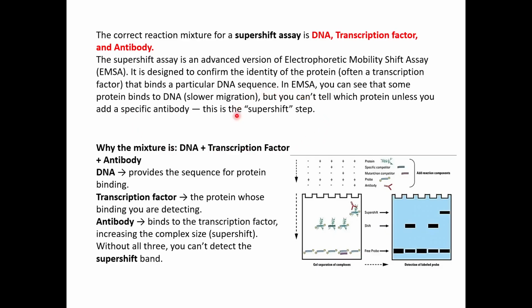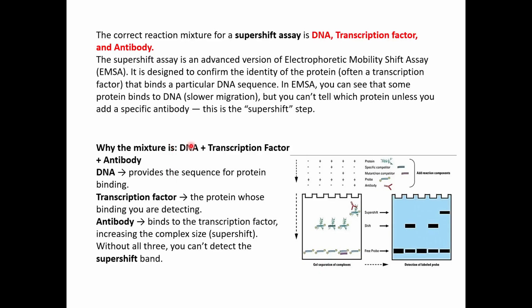In a supershift, that is where your mixture comes into play. You have your DNA, your transcription factor or interacting protein, and an antibody. The antibody helps you identify which transcription factor or protein is bound to the DNA, which has a slower migration, a shift.